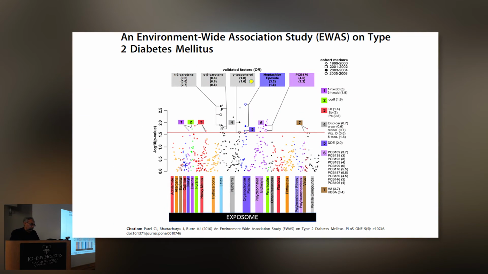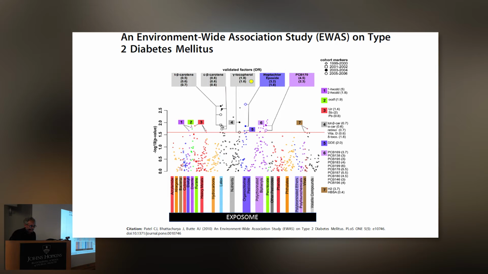Another way of understanding the exposome and the role of nutrients is to use the same tools as for genome-wide association studies, which are statistical methods to make an association between mutations in genes and disease. But instead of using genetic information to produce these so-called Manhattan plots, which tell you about the linkage of the factor with a disease condition, in this case type 2 diabetes, you put in your model the environmental factors that the persons are exposed to.